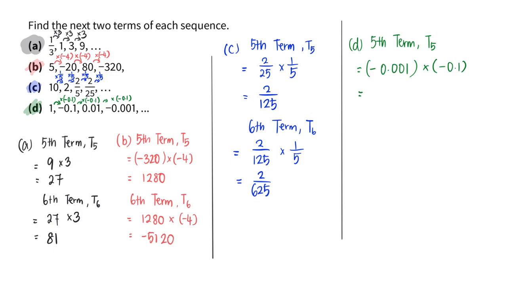This will give me 0.0001 with 4 decimal places, and my 6th term would then be from positive to negative and 5 decimal places. Alright, and we have come to the end of this part of the video.